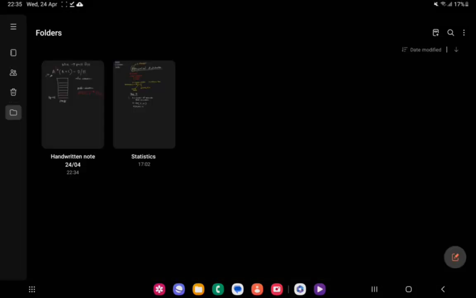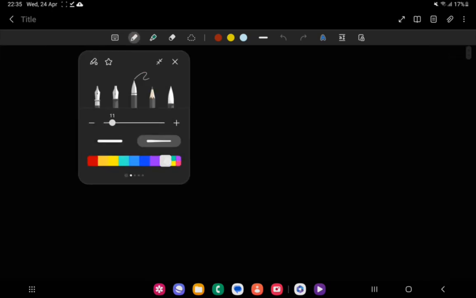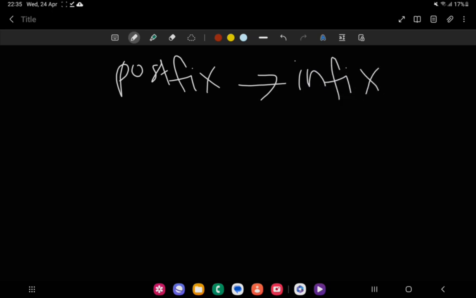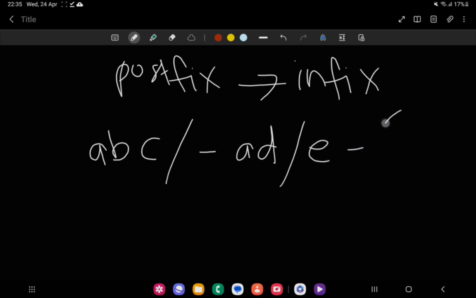We make a new note. This is postfix to infix. Alright, for example, we have A B C slash minus A D slash E minus multiply.